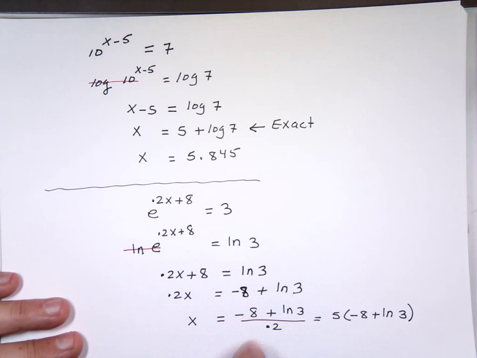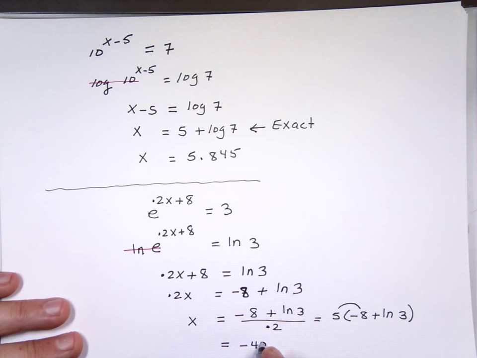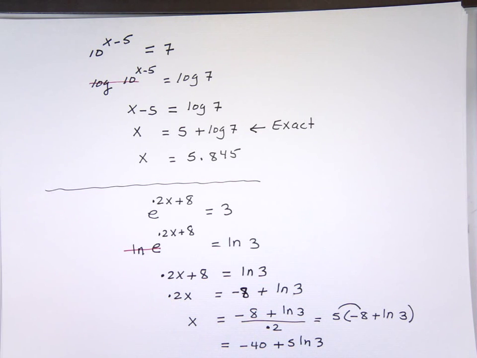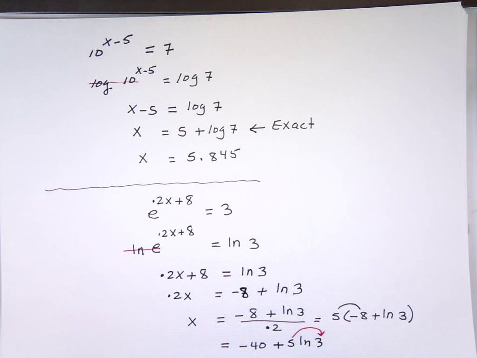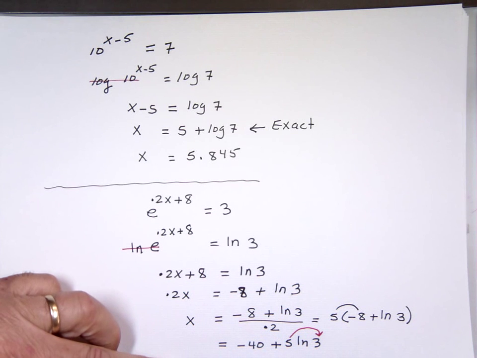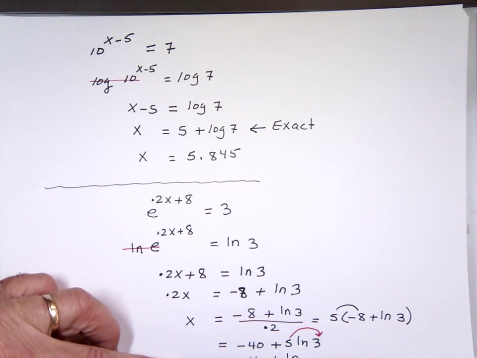They might say this, fine, leave the answer like this. But if you want to get carried away with it, that's negative 40 plus 5 times the natural log of 3. And if you don't like the 5 here, what do you do with it? Make it a power. So that becomes negative 40 plus the ln of 3 to the power of 5.